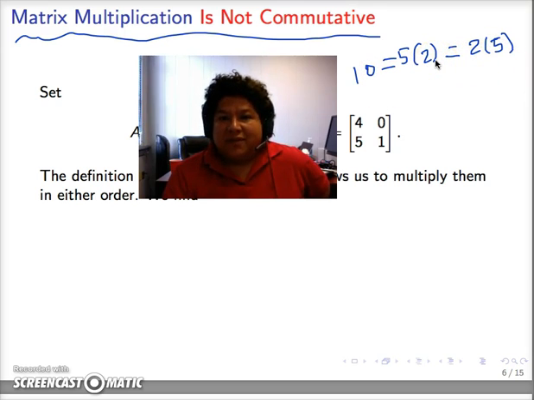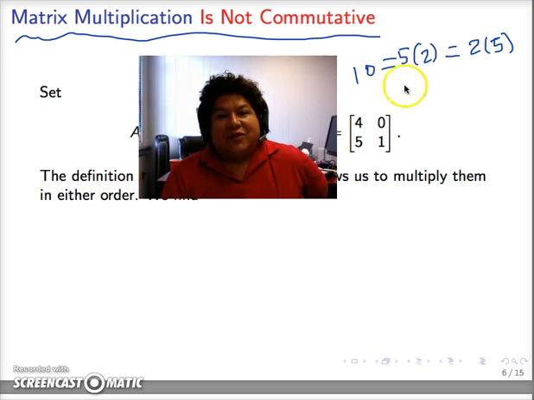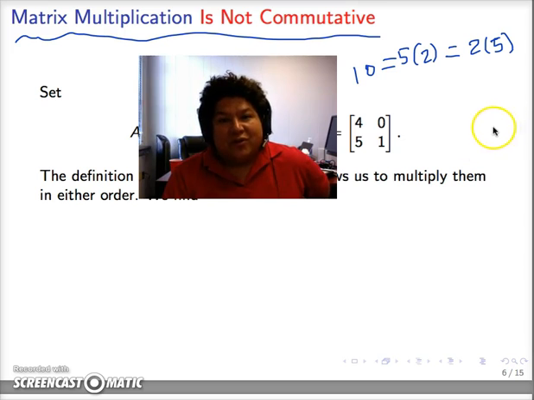But for matrices, we've seen that this operation is defined under some strict constraints or requirements. There's a requirement about the number of columns in one matrix versus the number of rows of the other matrix.